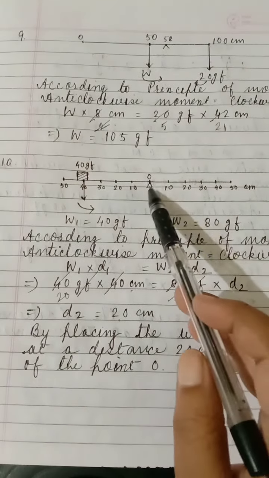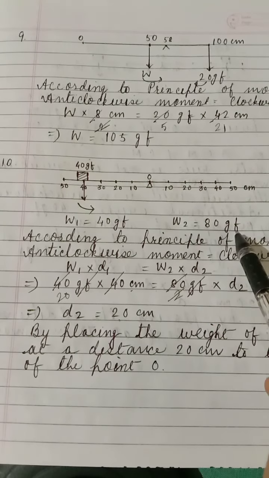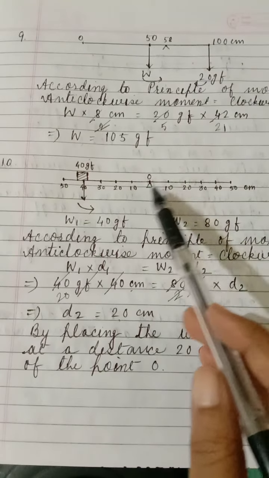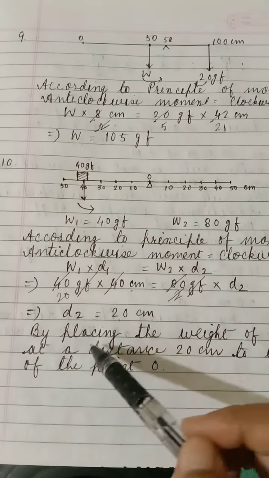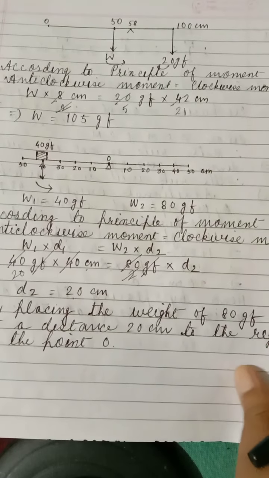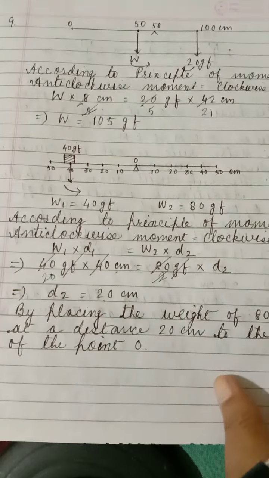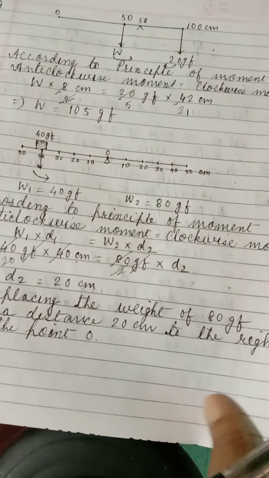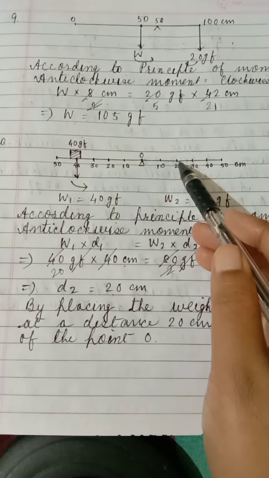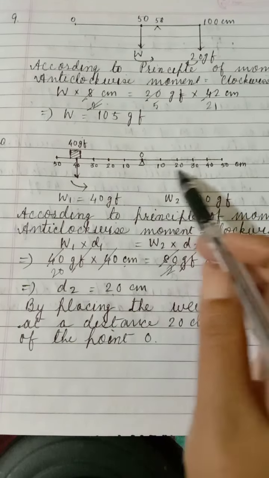That means at the 20 centimeter mark we have to place the 80 gf weight. By placing the weight of 80 gf at a distance of 20 centimeter to the right side of the point O, here the 80 gf will be suspended to balance.